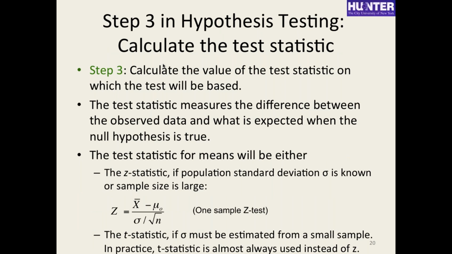Then the next thing you want to do is calculate the test statistic. How many standard deviations apart are the two values? If you look down here, you'll see they use the formula Z for a large sample. We calculated Z using this formula before. This is the number of standard errors or standard deviations apart.